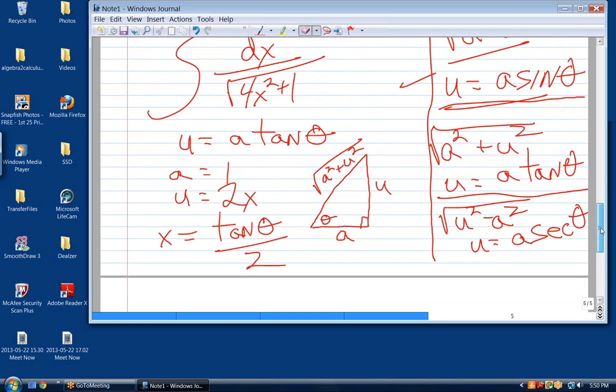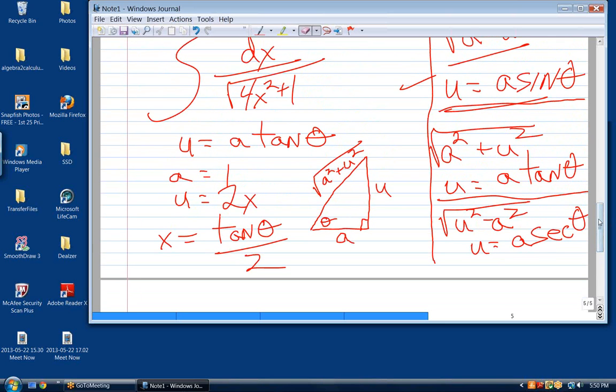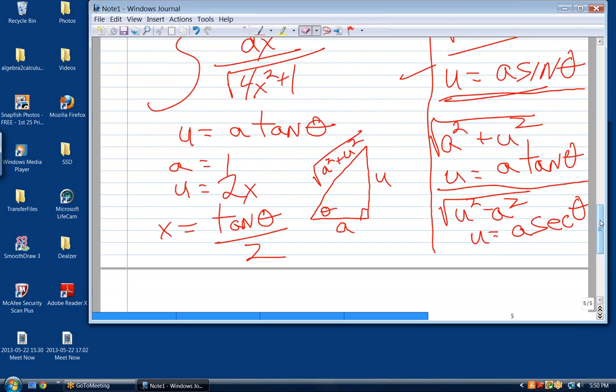We're doing this integral. So first of all, we need to find dx d theta. dx is going to be secant squared of theta over 2 d theta. So now I know what to substitute for dx.